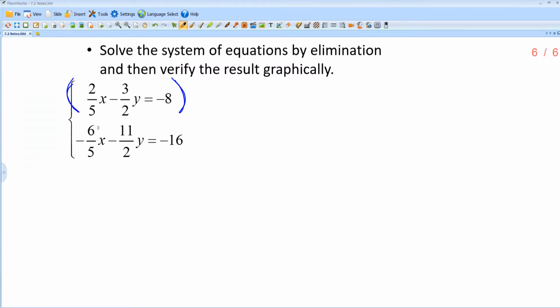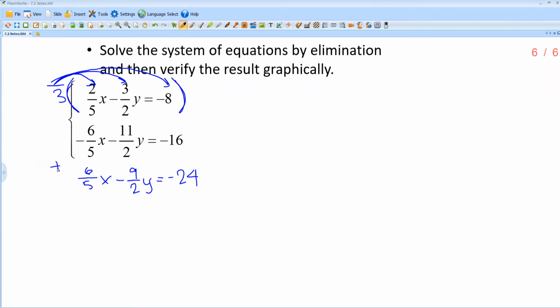If I have -6 here, I'm going to want +6 up here, so I'll multiply by 3. As I distribute that, remember that you are only distributing to the numerators of these, and then as well to the -8. So I will have 6/5 x minus 9/2 y is equal to -24.